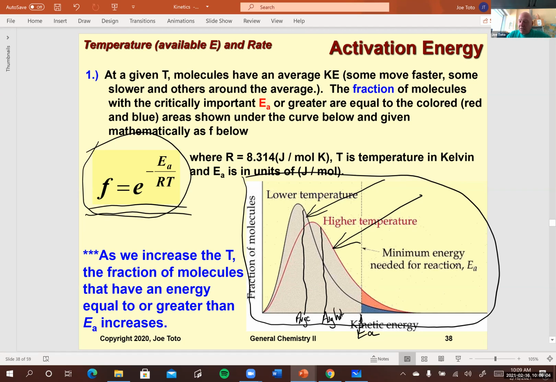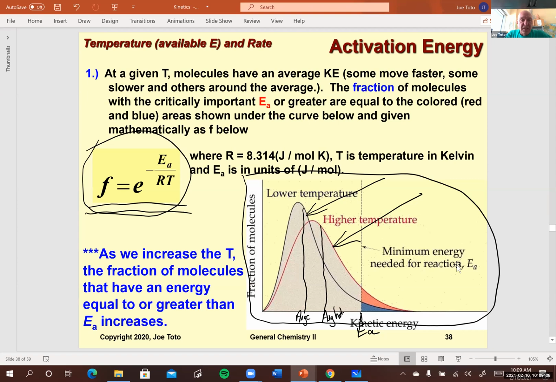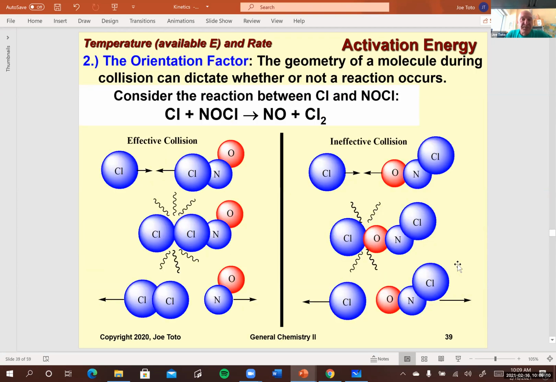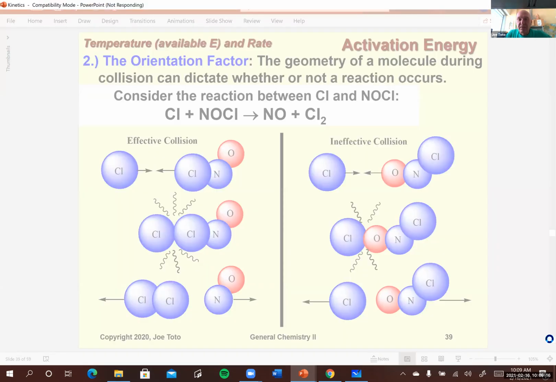So Arrhenius uses the Boltzmann distribution in his new definition of the k, let's get it over here.